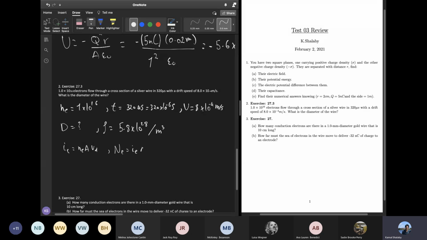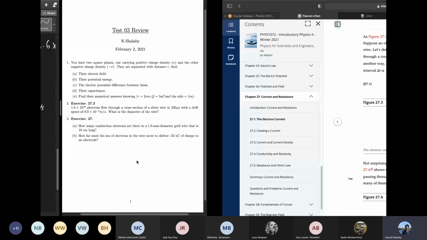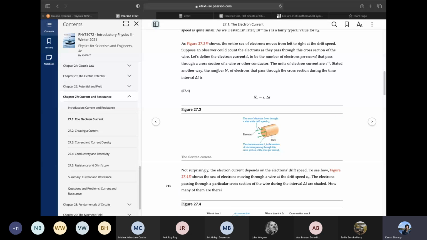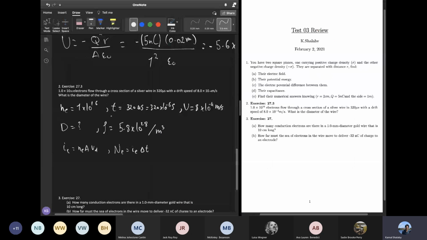This big N_e is the number of electrons that pass, which is the big N, not the small n. So we roughly have everything we need. We can now find I_e, and then find the area using the density.